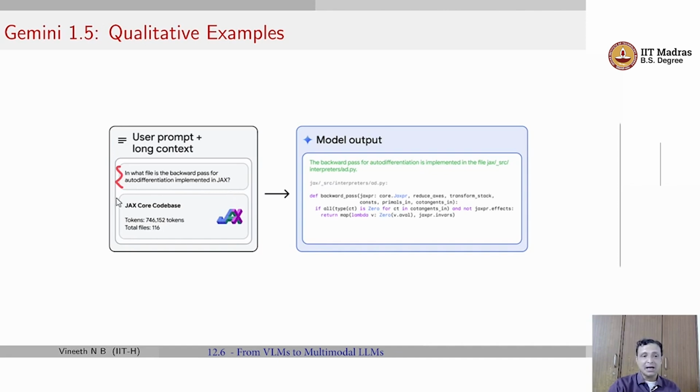And you could simply attach the JAX core code base along with this query and ask Gemini for the answer. And it gives this answer that says the backward pass for auto differentiation is implemented in the file jax/interpreters/ad.py Python, and it points out the exact code snippet in that particular file.